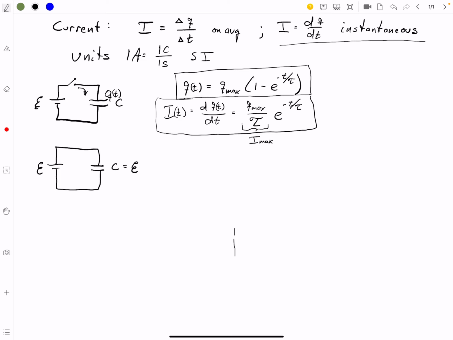So once that happens, we're not going to get any more current, right? The current going from here to here is 0. I equals 0. Okay, well, all that jives. It all hangs together.